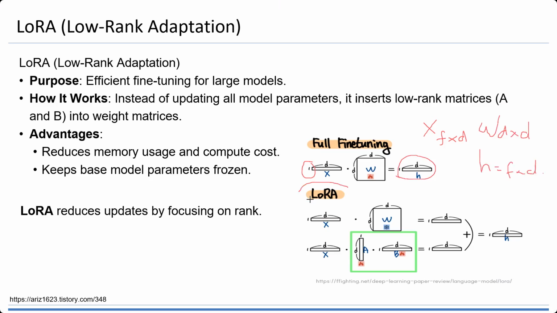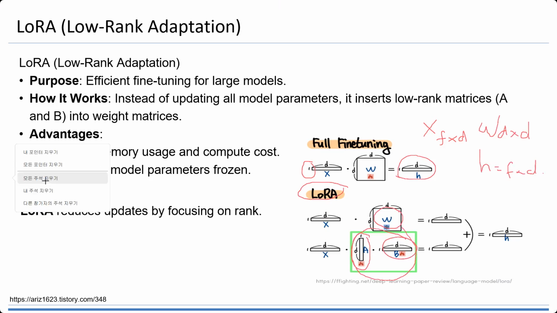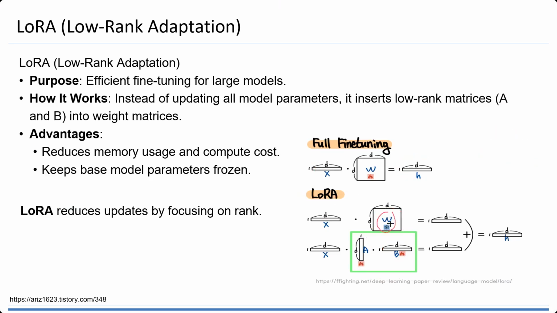If you are using LoRA, we are not using all the weight, but instead of this weight, we want to split it into two, which is A and B. So the weight itself will be frozen, and we are looking at the new matrices A and B that can be the best representation for this model.